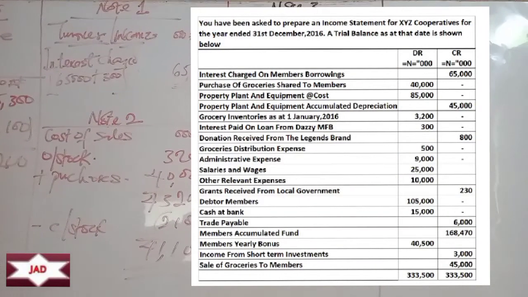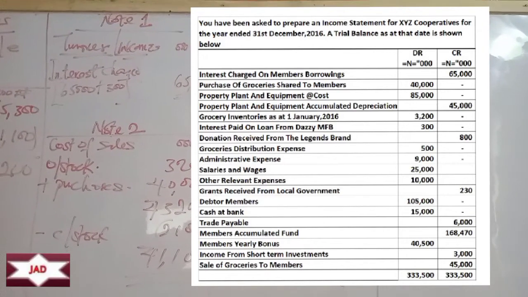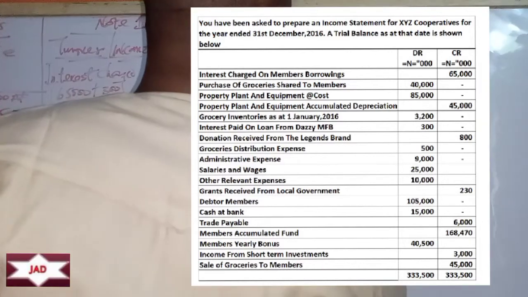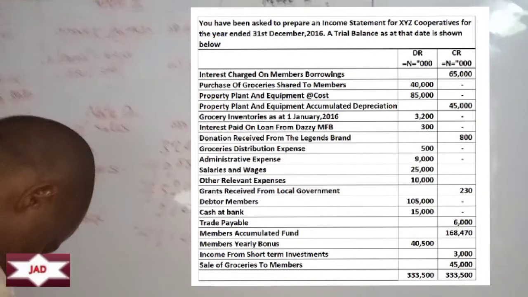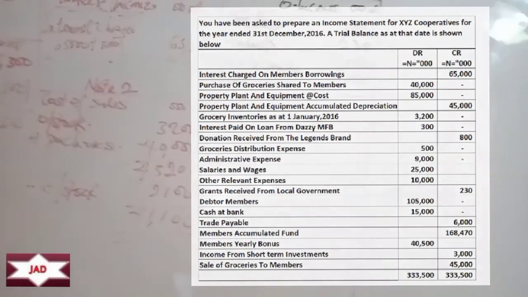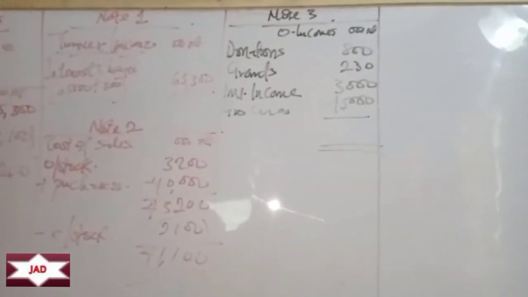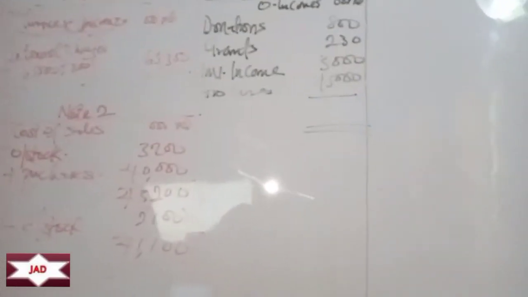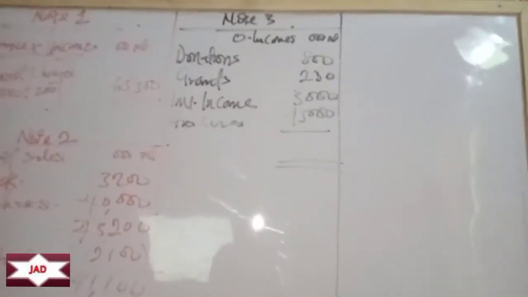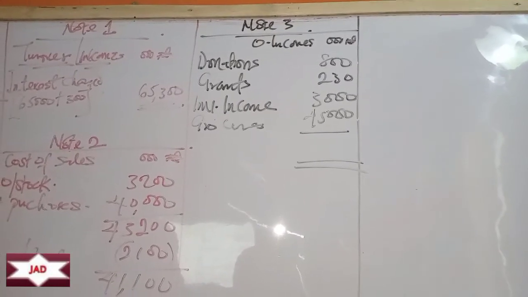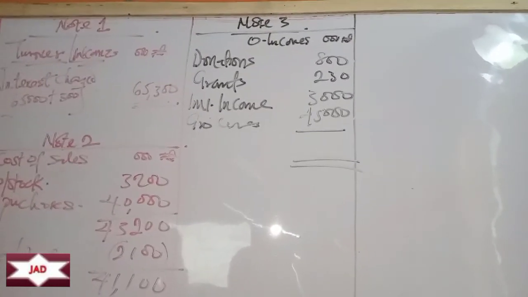So what else have we not taken there? Any information on them? None. So that is all the income you have there. So let's add. We have 800 plus 230 plus 3,000 plus 45,000.